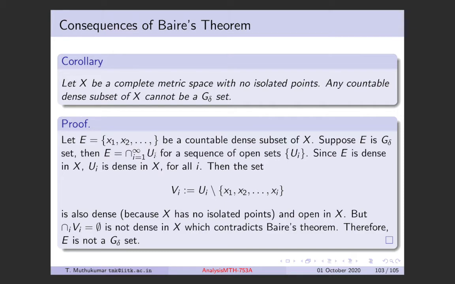E is equal to the intersection of U_i. So this contradicts the Baire category theorem, because you have a dense collection of open sets whose countable intersection is not dense. Which means that our assumption that E is a G delta set is wrong. So you cannot have a countable dense subset which is G delta.